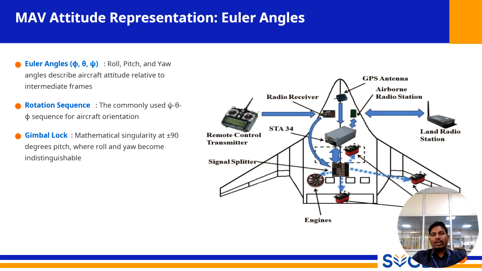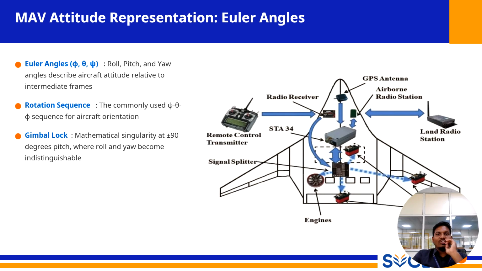The flight controller can no longer uniquely determine the aircraft's orientation, which can lead to instability and a complete loss of control. While this is not an issue for many standard flight operations, it is a critical consideration in high-performance aerobatic maneuvers.